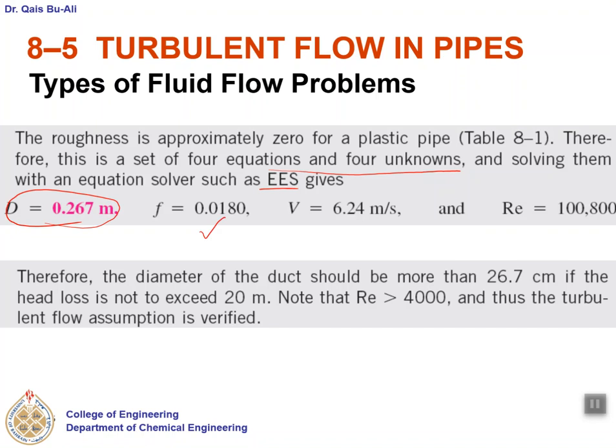The friction factor and the velocity were obtained, and the Reynolds number was obtained to be 100,800, which is greater than 4,000, so the flow was found to be turbulent and the assumption was verified. So the diameter, the thing that we are looking for, was found to be 26.7 centimeters using this approach.